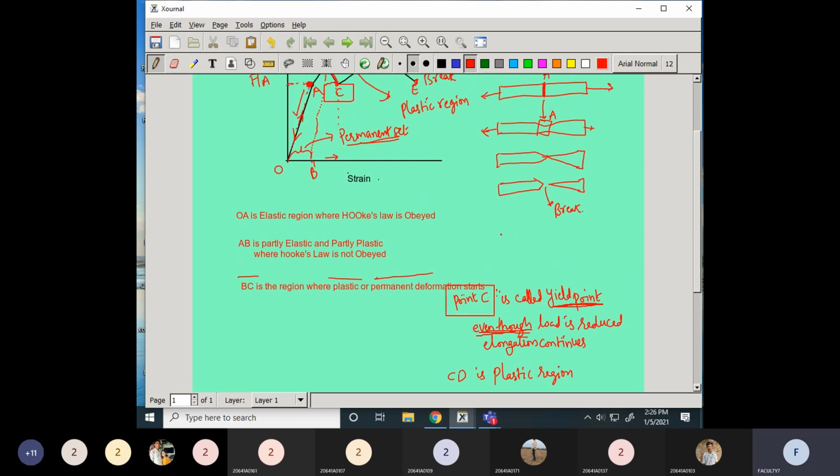So what you can expect regarding this point, let us assume you are hanging a material. Consider this as an iron wire, and there is some disc which is hanged. Suppose the length is 10 centimeters.